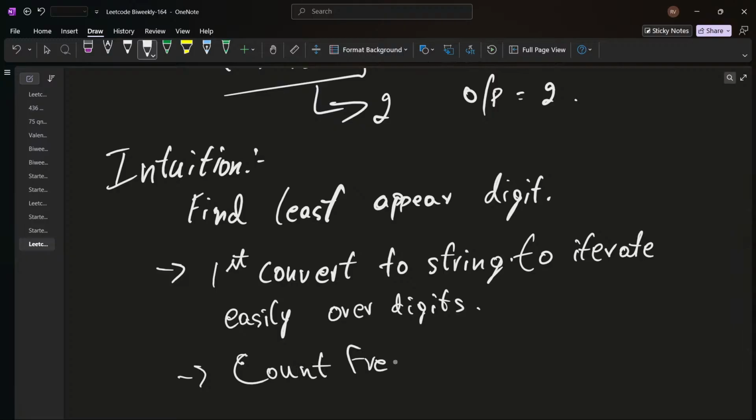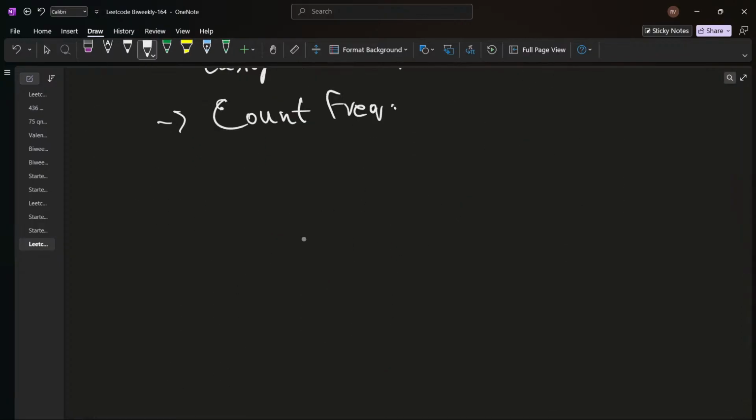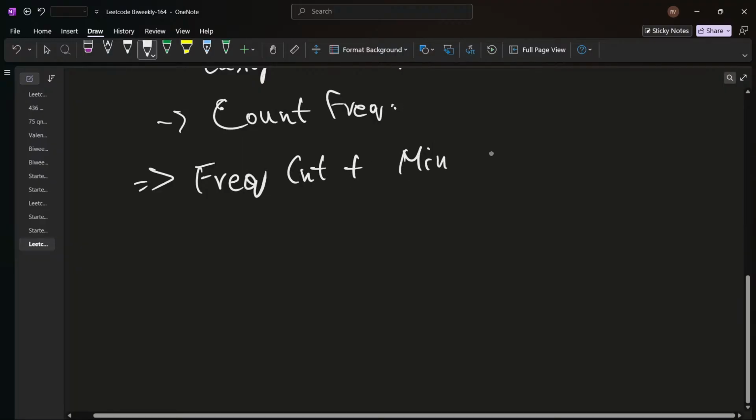This is an easy thing. And return that digit, that is the only thing. This is straightforward, what we are doing here: simply frequency count plus minimum search. That's all we are doing.